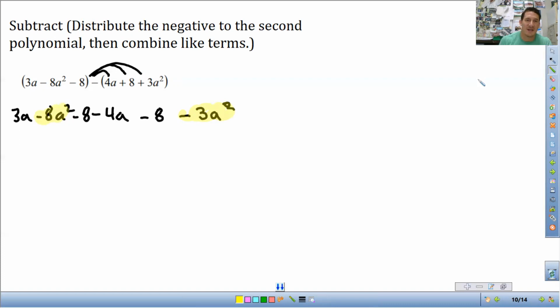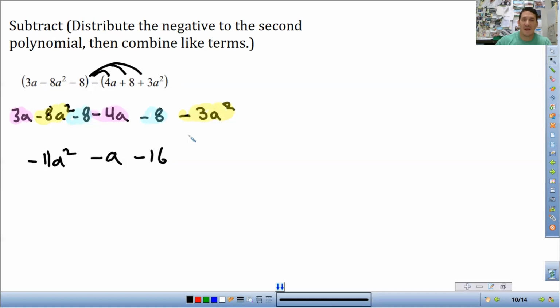Combine those, you get negative 11a squared. 3a, and then minus 4a, so that's going to be negative 1a or just negative a. And then you have negative 8 combined with a negative 8, which is a negative 16. That is it. Let's look at the next example.